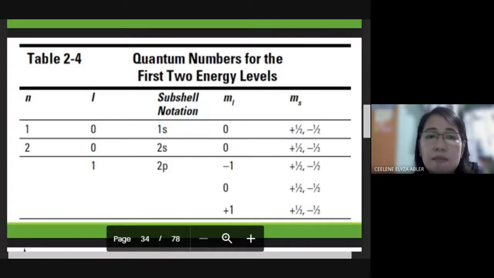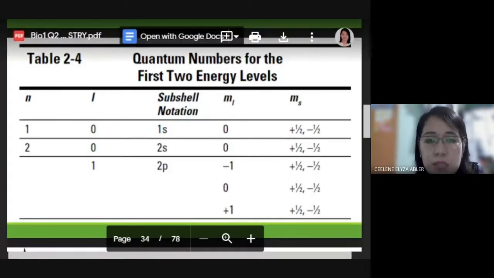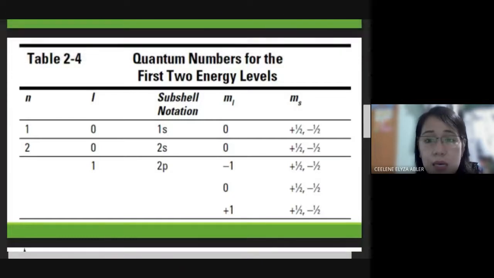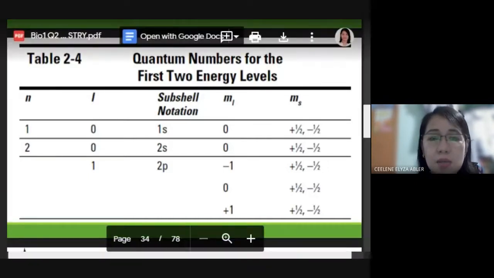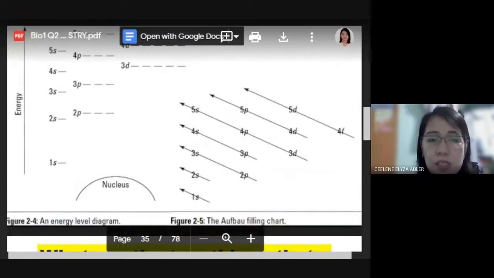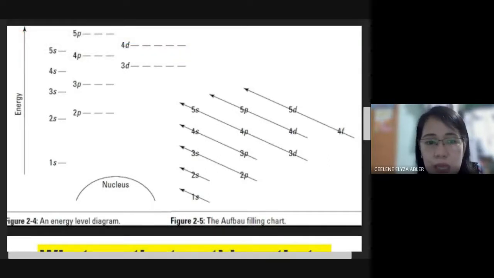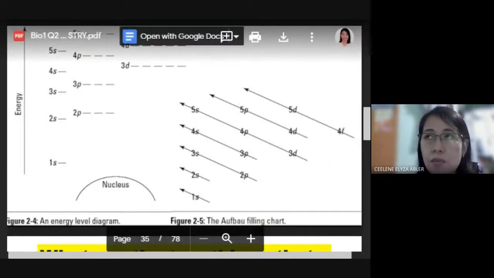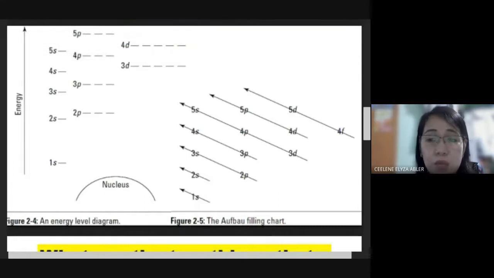Alright? So we have also this one, if you still remember, sa inyong mga subshell notations. Hindi na natin yan i-discuss because this is already part of your chemistry. But just to remember, meron pa tayong mga examples of this and the movements of your electrons. So this is already explained in chemistry. So this is your Aufbau filling chart. You just need to remember that they are not in the order of SPDF na 1, 2, 3, 4, 5.